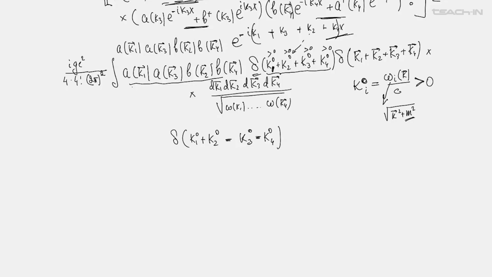And this comes with various combinations: k10 plus k20, k10 plus k30, minus k20 minus k40, and so on. As you see, the number of these 2-particle-in and 2-particle-out configurations is exactly 6.